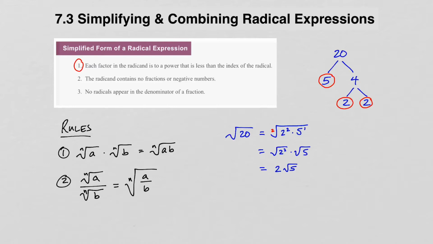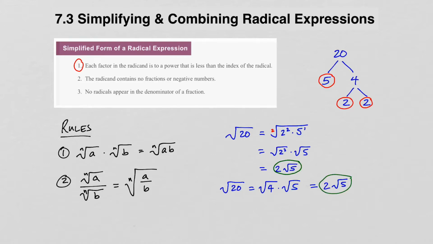Now, once you get a little more comfortable with this, you probably won't go through all of these steps. What you'll do instead is you'll say right off the bat that the square root of 20 is the square root of 4 times the square root of 5, and you know the square root of 4 is 2. And so this is a much quicker way to get to the same result.